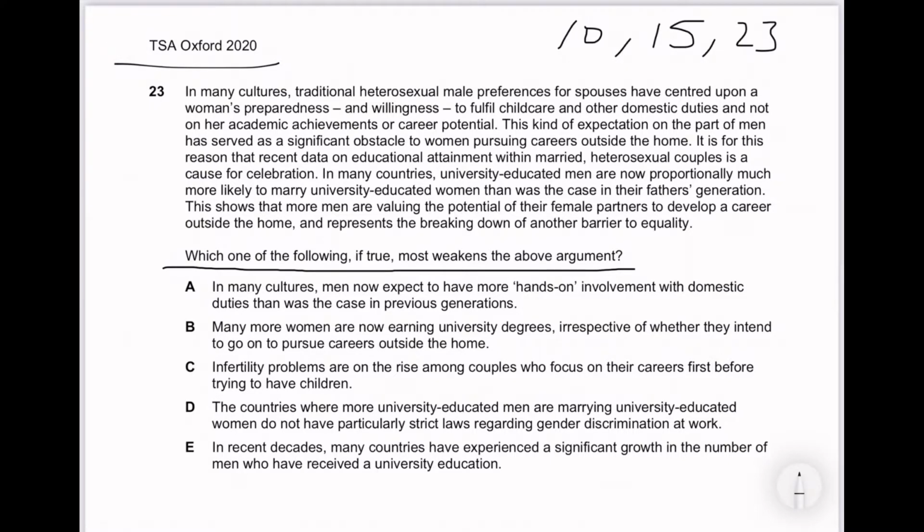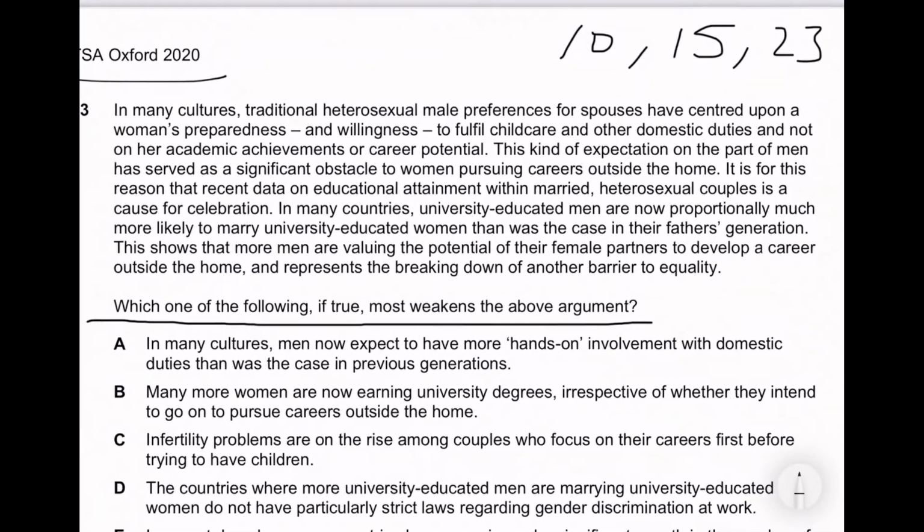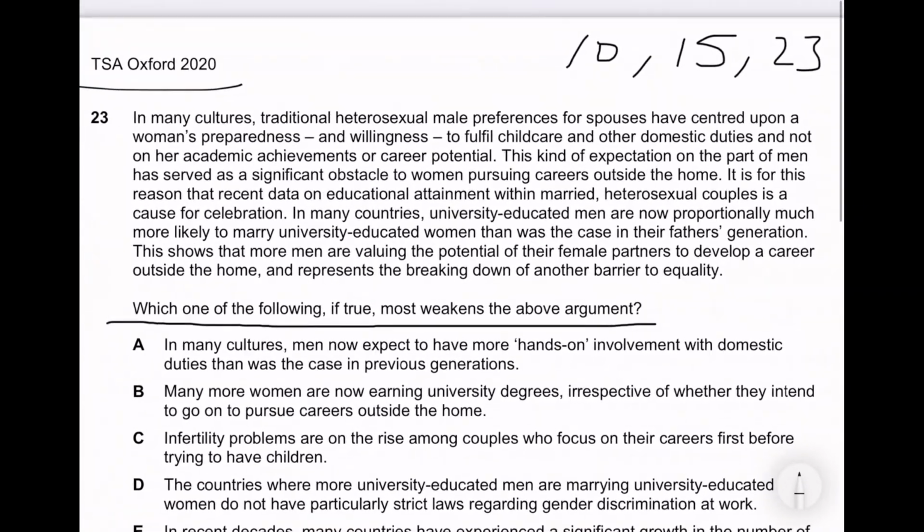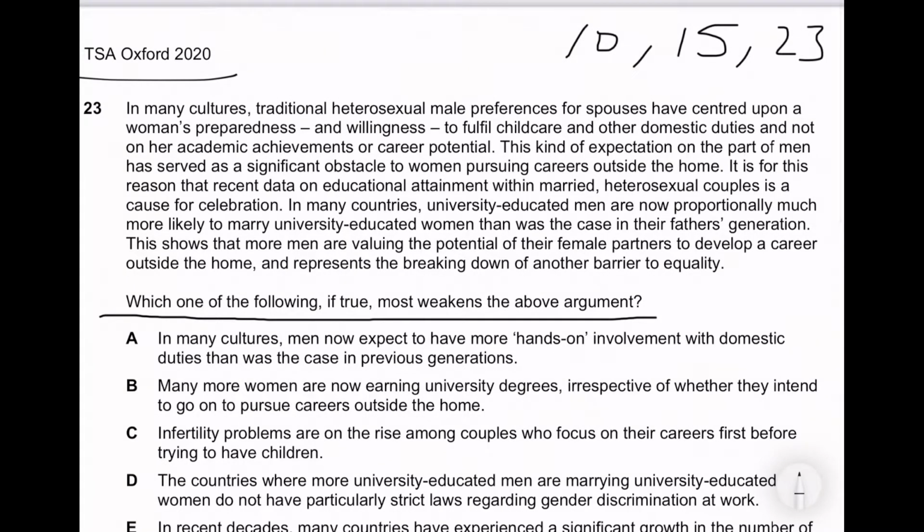Sometimes the passage tries to throw you off because it argues something that might be slightly controversial or things that you've heard about in the media recently. Just read the passage itself and approach it from the author's point of view. Okay, let's read. In many cultures, traditional heterosexual male preferences for spouses have centered upon a woman's preparedness and willingness to fulfill child care and other domestic duties, and not on her academic achievements or career potential.